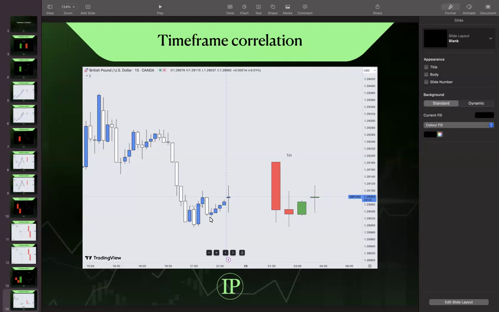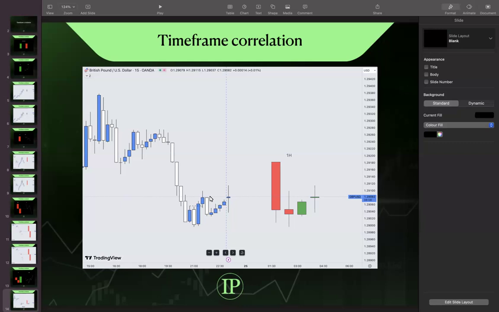We had our pullback into a specific area, which we will learn in later sessions, and price started to move from there. So just based off of this 1 hour pattern, we basically had an entire setup play out.